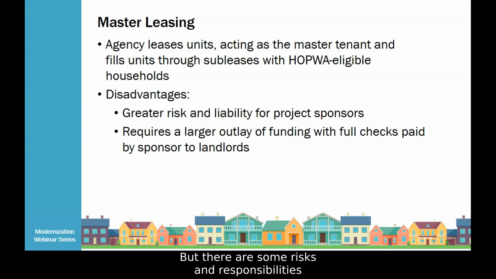But there are some risks and responsibilities to master leasing that you need to be aware of. As the leaseholder, you're taking on the legal responsibility for the unit, just as in any other situation. So you need to make sure that you are paying for the unit, the rent, every month.